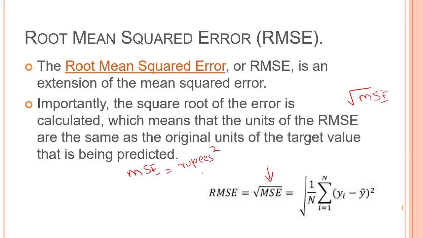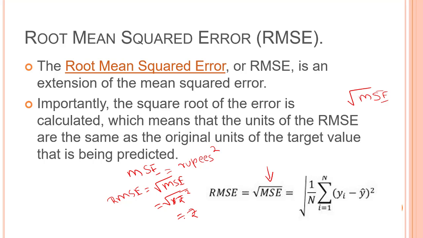Now, to remove this square, we can use RMSE. That would be the root of MSE, which will just give me exact rupees. That is the exact unit that I was looking for. That is the original unit.